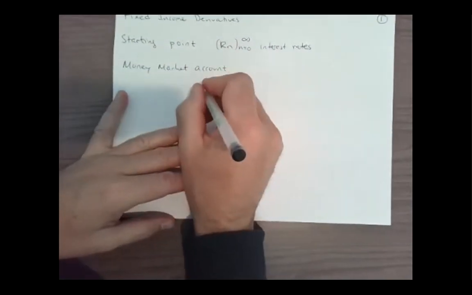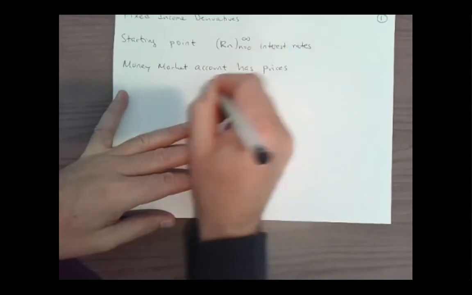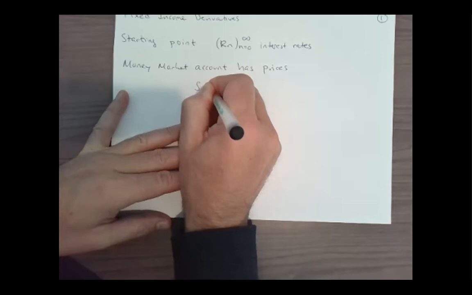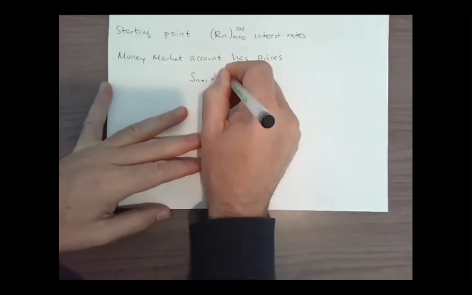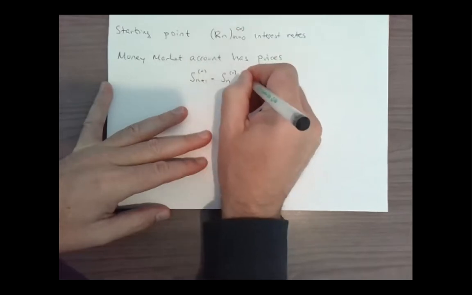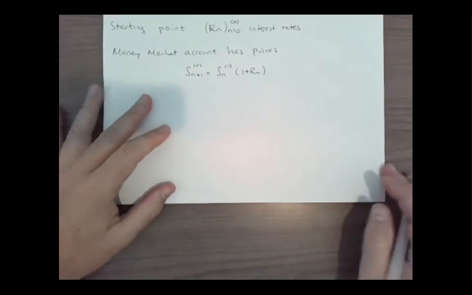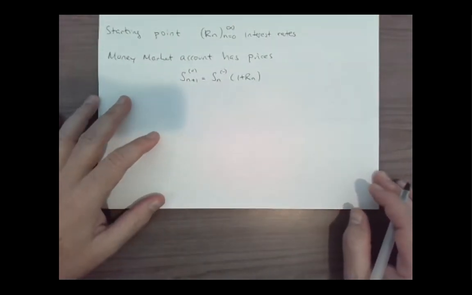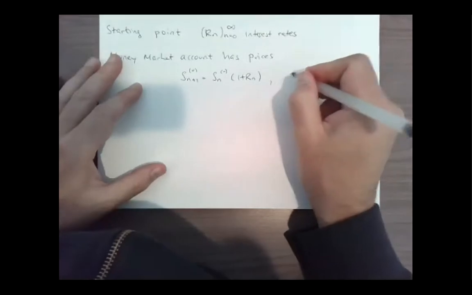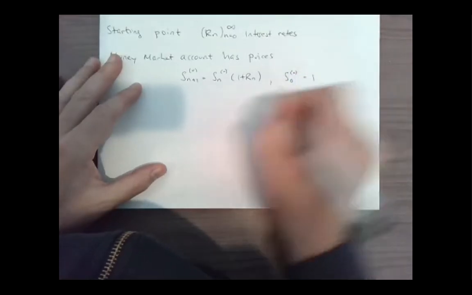So the money market account has prices. So this is S_{n+1}. This is equal to the previous one, S_n, times the interest rate. And it starts out at, we just normalize it, it starts out at 1.